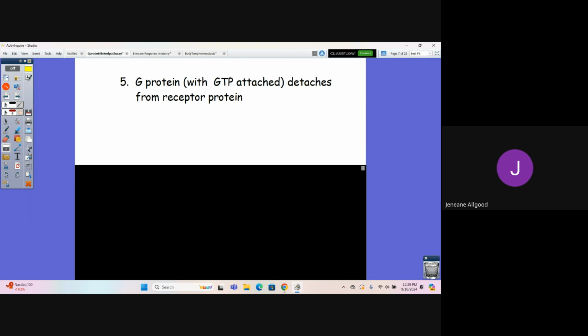All right, well now the G protein is activated, so it's done using the G protein linked receptor. Just like my sister's car, once it's fully charged, she doesn't need to stay at the charging station, so she can leave. Okay? So our signaling molecule is still there, but our G protein has said, see ya, and it is detaching from the G protein linked receptor.